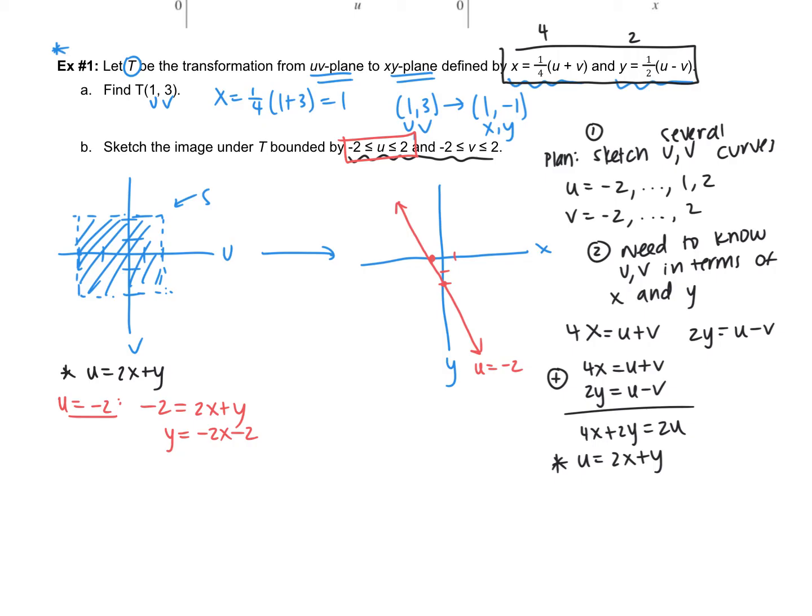Then maybe I'll decide to do u = -1. So I get -1 = 2x + y, or y = -2x - 1. So it's going to be a similar idea. And I will continue until I'm on the other side of the bound for u = 2, which gives me the line y = -2x + 2.